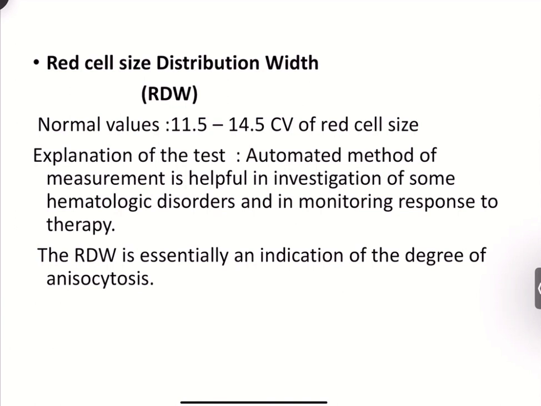This can also be used in investigation of some hematologic disorders and monitoring response to therapy, especially those with abnormality in the cells' shape. So the indication of the degree of anisocytosis is the RDW, the red cell distribution width, which correlates to the size of the RBC.